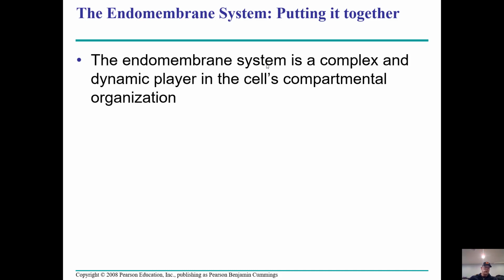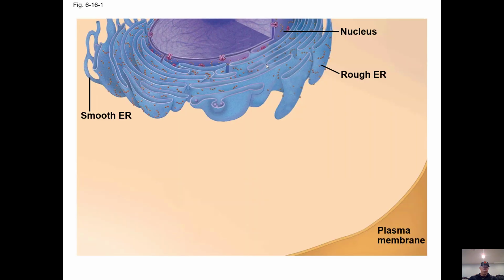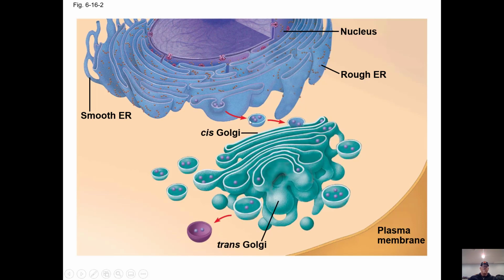Anyway, let's put all those elements together for the endomembrane system. So here we have the nucleus and the rough ER and the smooth ER. Remember, the information from the nucleus is going to leave through the nuclear pores. It's going to go to the rough ER, where a ribosome is going to make a protein. Then that protein is going to get put into a vesicle called a transitory vesicle, and it's going to leave the rough ER and go to the Golgi apparatus, where it will fuse on the cis side.